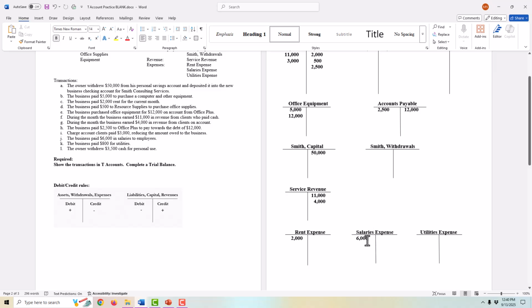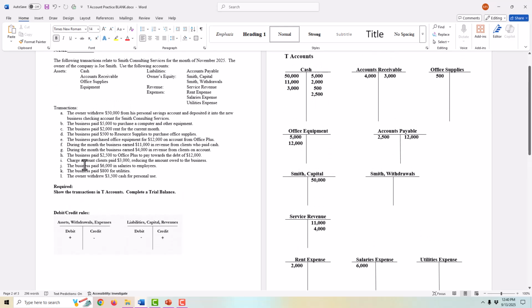Okay, so that is going to add to salaries expense, and they paid something, so that subtracts from cash. We are subtracting from cash because they're paying something, so that subtracts from an asset. And then adding to expense with a debit.